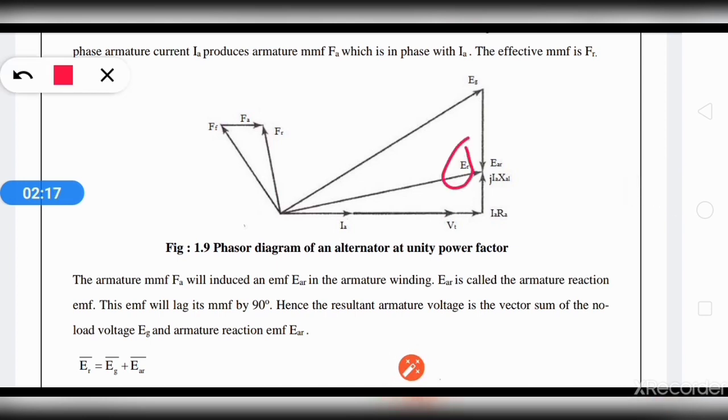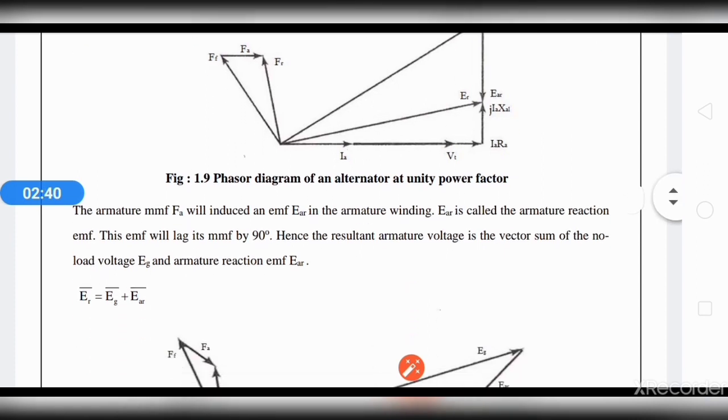This is the voltage developed, the no load voltage. Generated EMF plus armature reaction EMF gives the resultant EMF shown by ER.